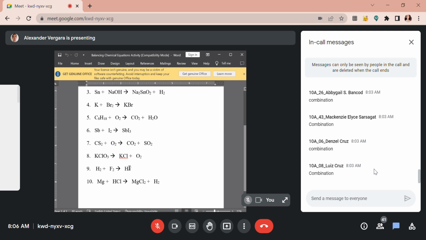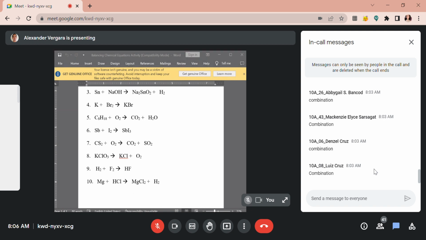KClO2. Okay, it's a bit confusing, no? So this is an example of what? Decomposition. Although at the end, only oxygen is the one separated. But still, it is considered decomposition because it separated the oxygen gas.